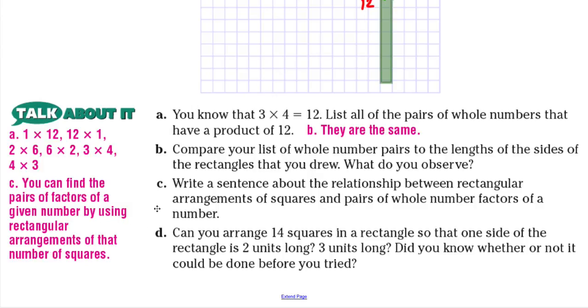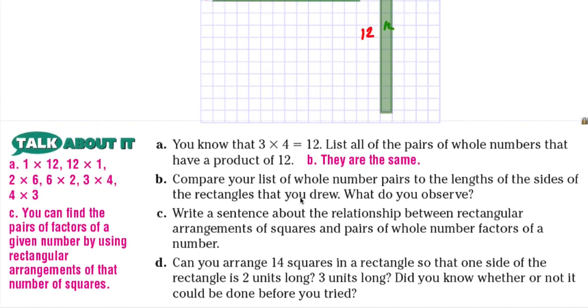Letter D is just another way of doing this. Can you arrange 12 squares in rectangles so that one side of the rectangle is 2 units long, 3 units long? Did you know whether or not it could be done before you tried it?